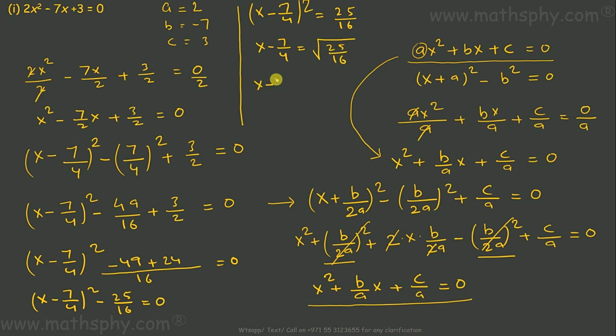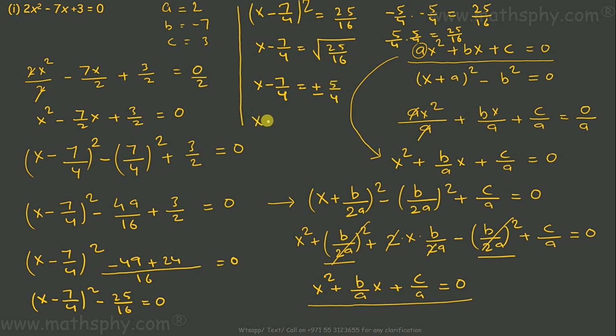This will be x minus 7 over 4 equals to positive negative 5 over 4, because negative 5 over 4 into negative 5 over 4 gives you 25 over 16. 5 over 4 into 5 over 4 also gives you 25 over 16. That is why it is positive negative both.